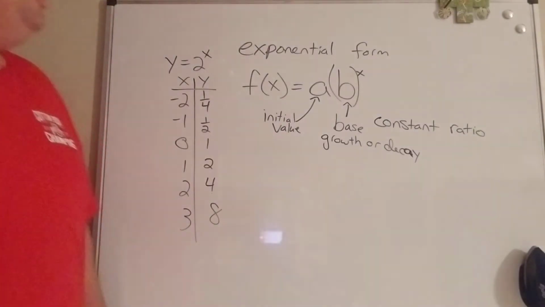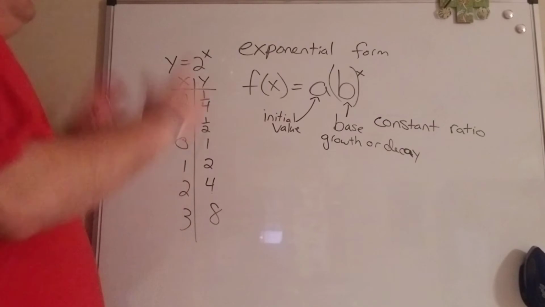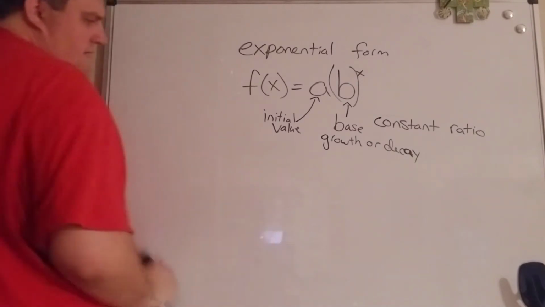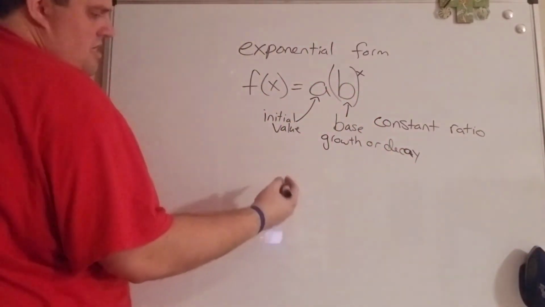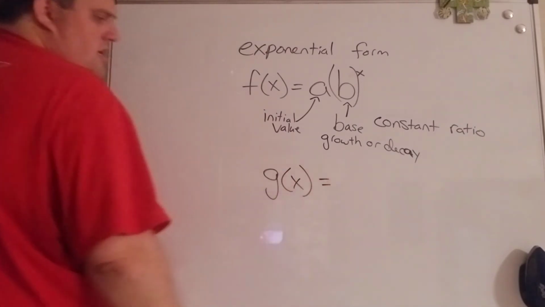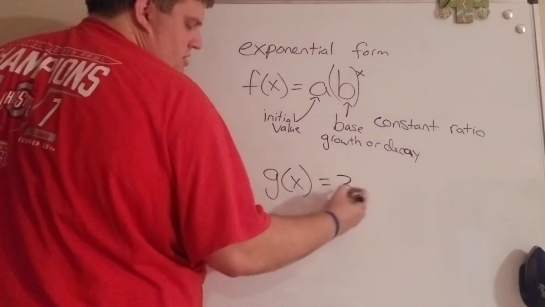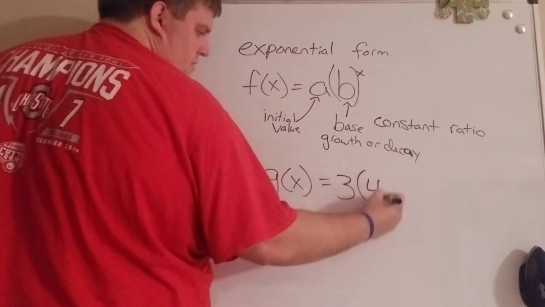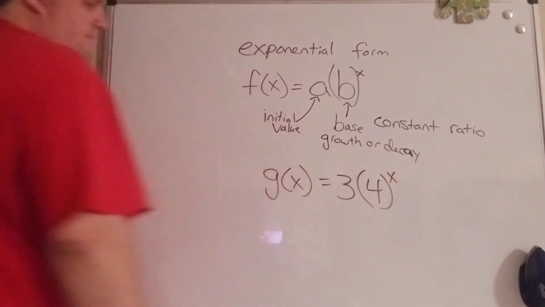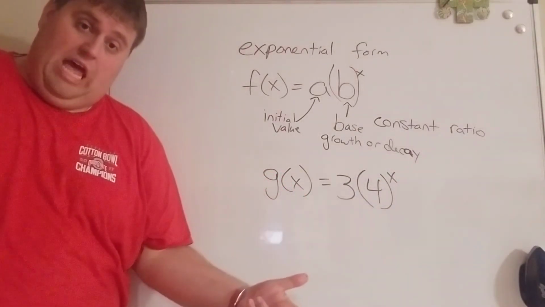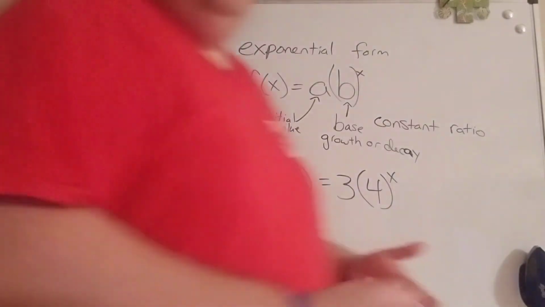Okay? So that's general, right? Let's look at specific. So let's say I gave you something like g of x equals 3 times 4 to the x. Without graphing this thing now, right? We've talked about it for what, 2 days?